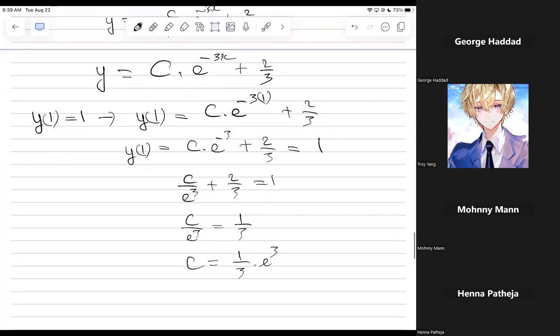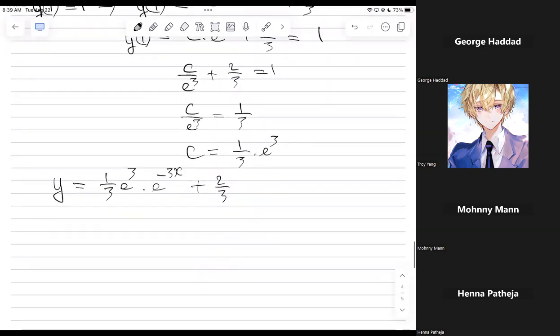After you find c, put it in here, right? You get the final answer: 1/3 e to the power 3 times e to the power -3x plus 2/3. Or maybe you can simplify it more.